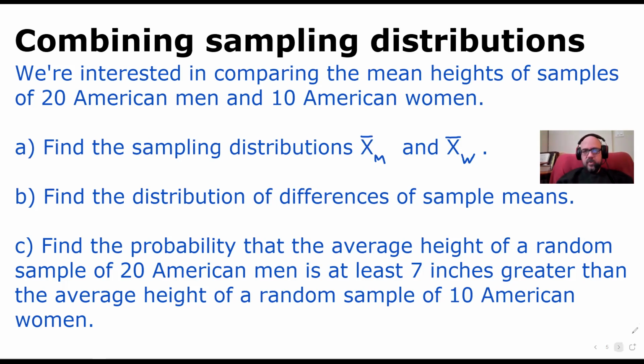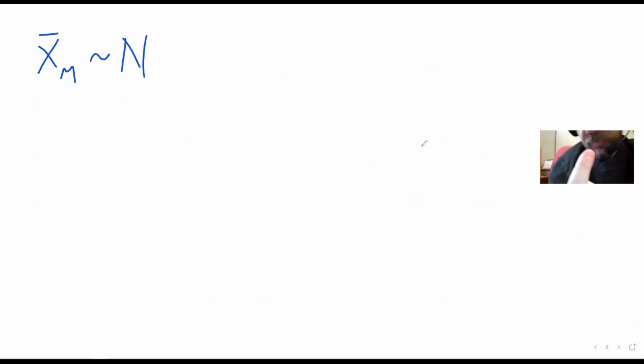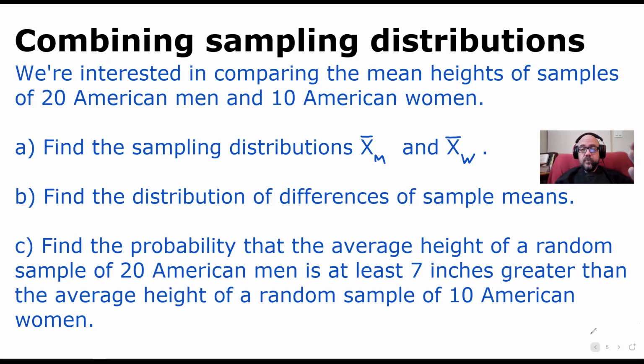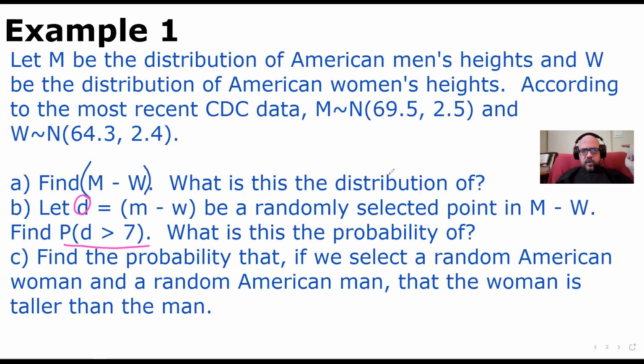So let's go over here and say that the sampling distribution of capital X bar sub M is approximately, we know from the central limit theorem, normally distributed. Now, a lot of people get hung up on needing a sample size of at least 30 for this. We don't need that in this case, because the population is normally distributed.